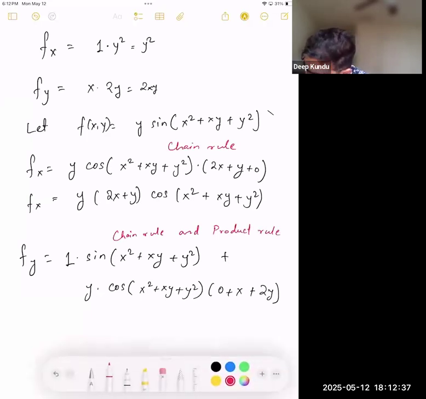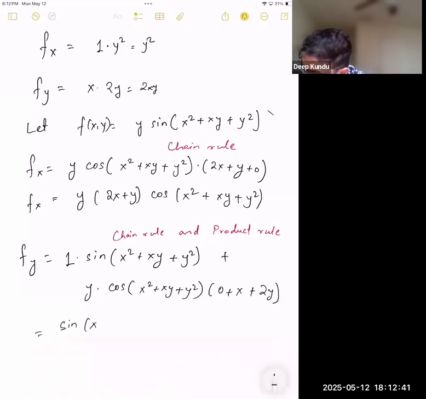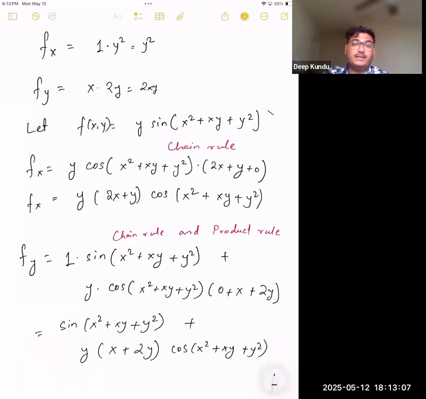So simplifying this, we get sine of x squared plus xy plus y squared plus y times (x plus 2y) times cosine of x squared plus xy plus y squared. Okay, and that is the partial derivative of f with respect to y.